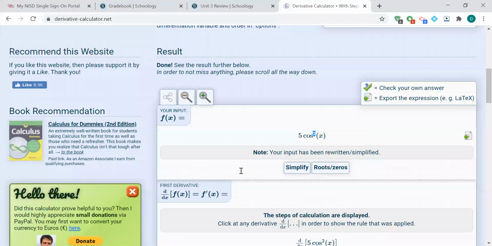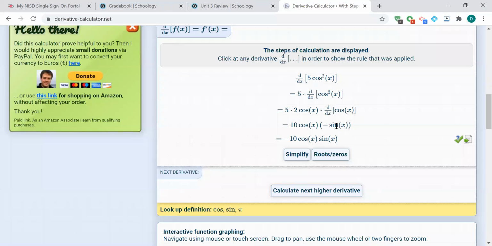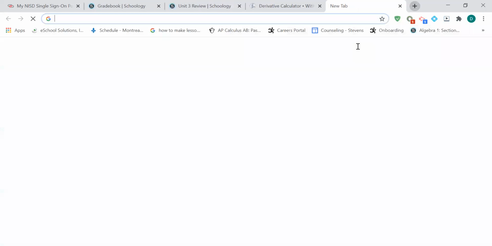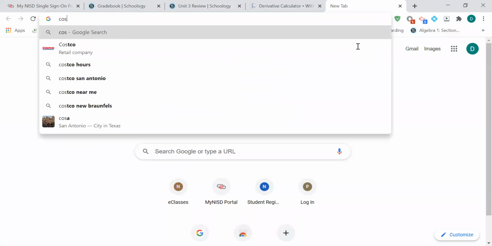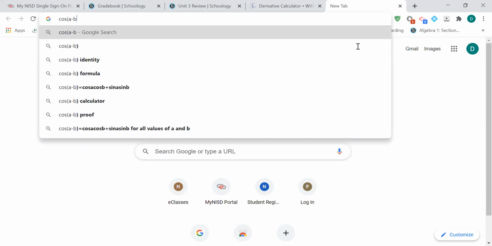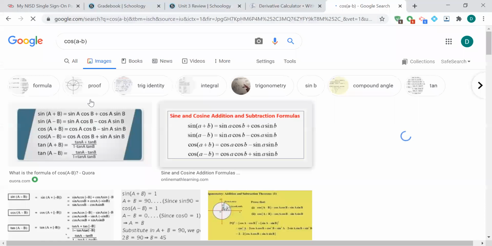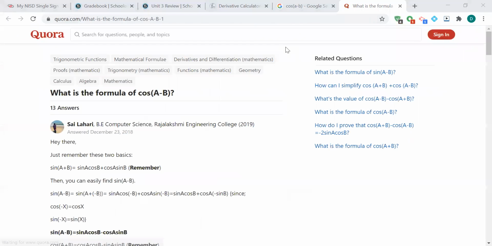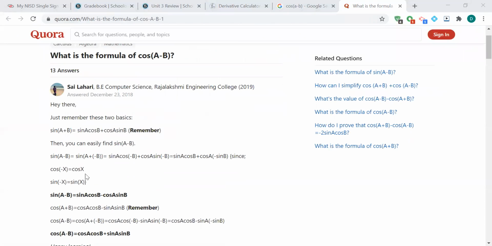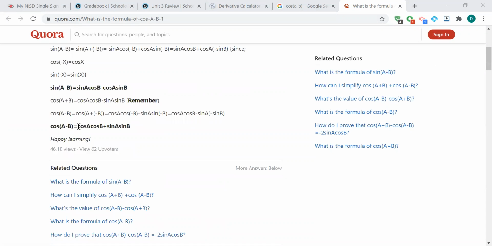So that's why I actually end up with this. Remember that the cosine of A minus B is cosine A cosine B plus sine A sine B. Okay, and that's what they have here.